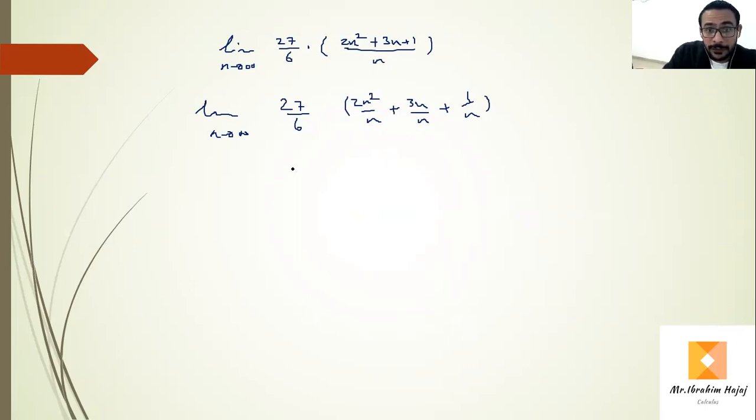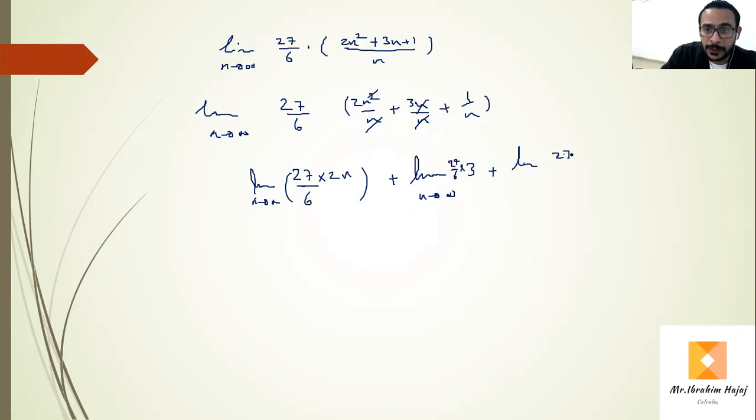What do we have here? 27 times 2, n squared over n, we can cross it out, so we have 2n only over 6, then take the limit as n approaches infinity, plus the limit where we cross out the n with the n and take the limit of 3, but we forgot to multiply by 27 over 6. Then here the limit of 27 over 6 times 1 over n.